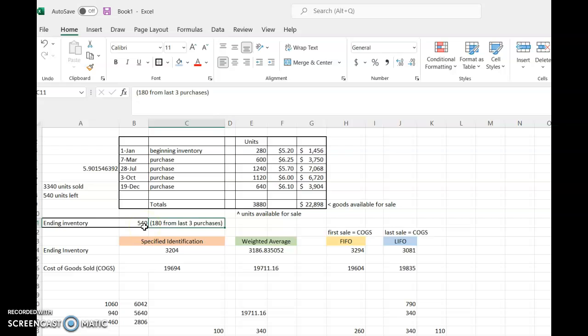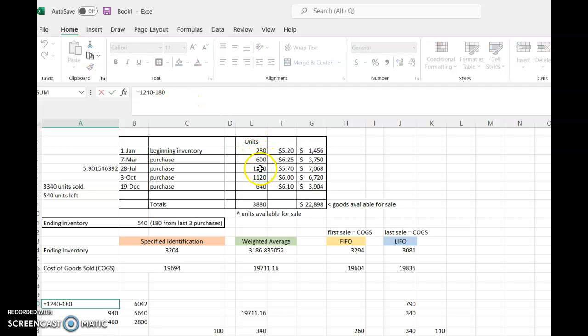We know that the ending inventory is 540 units, with 180 being subtracted from each of those last 3 purchases individually. So what I've done over here is the equation for each of these minus the 180. The 1060, 940, and 460 are these last 3 purchase amounts in units.